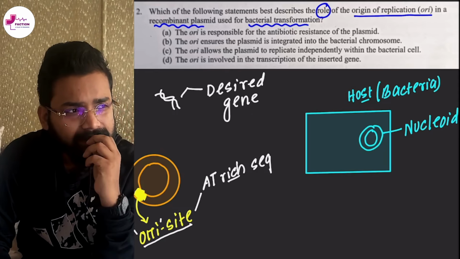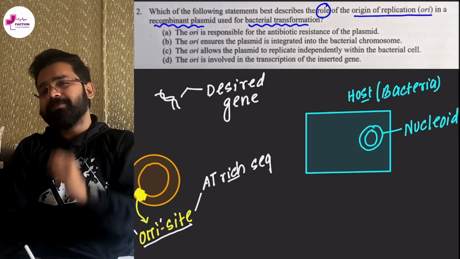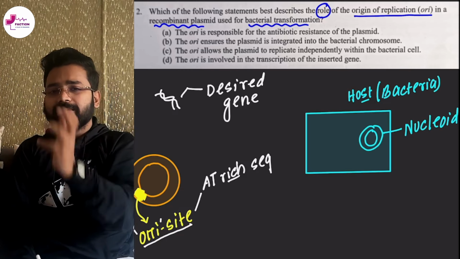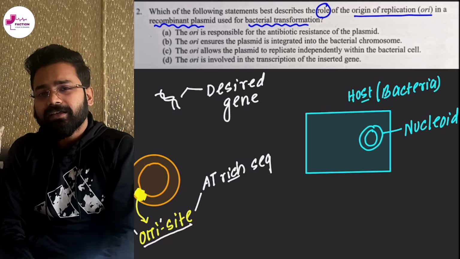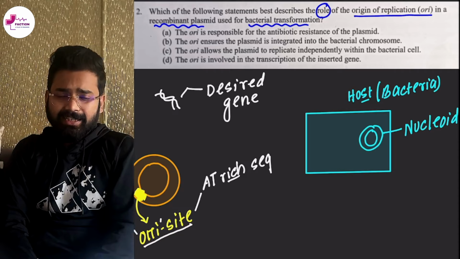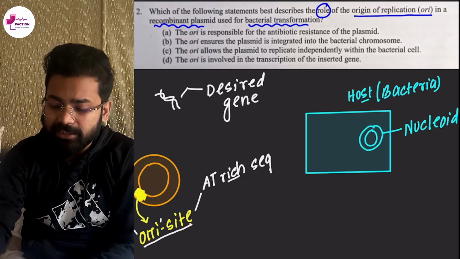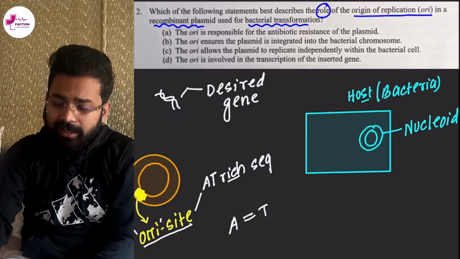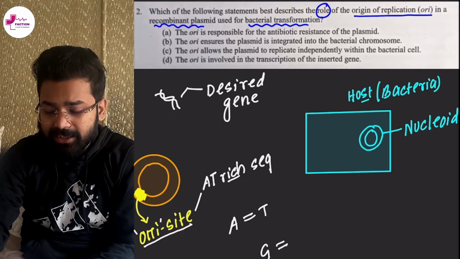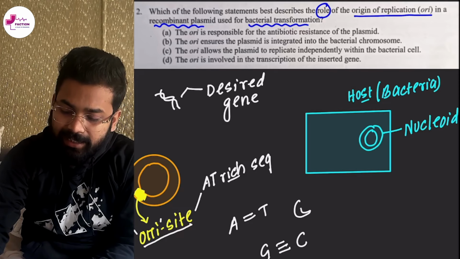Let's get out of biotech. Let's say this phenomenon is taking place inside a normal cell in our body or in a plant cell. Here an enzyme that starts replication acts, the helicase enzyme. If it is AT rich, we know A and T have two hydrogen bonds between them, and the other two nucleotides, G and C, have three. So say this one is the helicase enzyme.